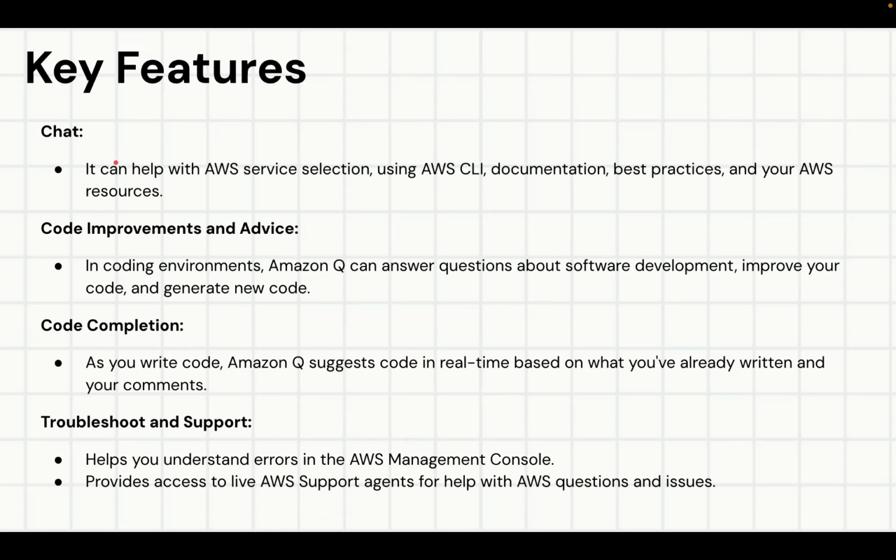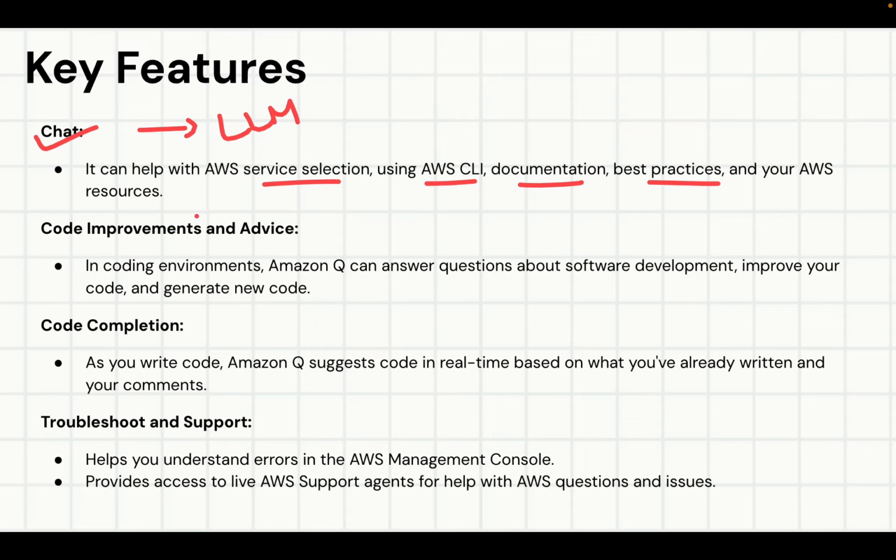Now let's understand its key features. The first key feature is chat. Using LLM-based models and NLP, it is going to help you understand all the chat-based options. You can ask questions in easy English and get things done. It can help you with AWS service selection using the CLI, documentation, best practices, and your AWS resource help.